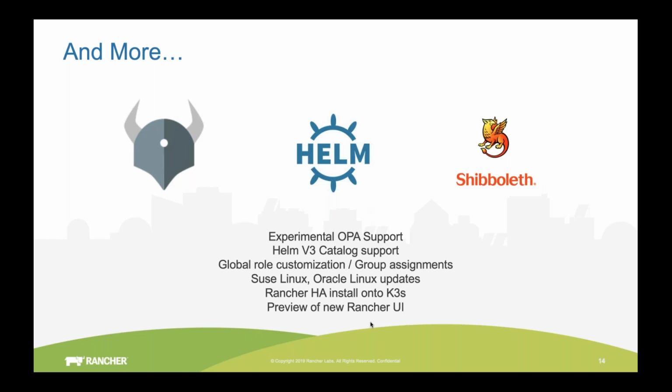And then we're also previewing the new Rancher UI, which will bring a lot of a refresh and a lot of visibility around Kubernetes, more of a Kubernetes native view, focused on namespaces and all of the objects. And so you'll be able to edit CRDs and create objects that you haven't been able to do in the current UI.